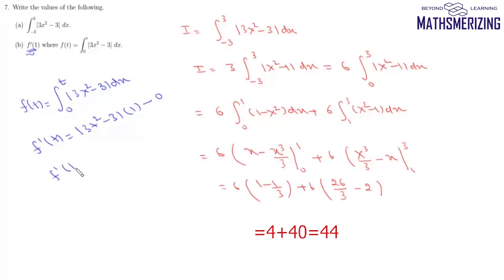So from here we can say f dash t will be mod of 3t square minus 3. Now we need to find the value of f dash 1. So we'll put t as 1, then the value of this derivative is 0. So the value of f dash 1 is simply 0, and that is the answer to this question.